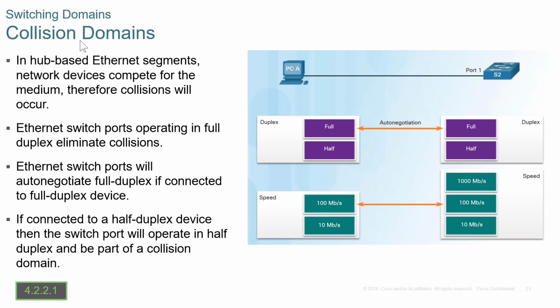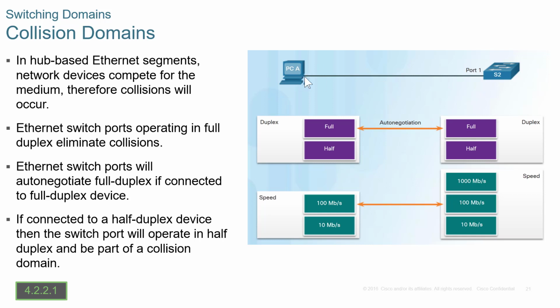Now you don't see that anymore because switches run in full duplex. But 10 megabit Ethernet, 100 megabit Ethernet, and I'd have to double check to see if gigabit Ethernet still supports hubs. I don't think it does. I know 10 megabit and 100 megabit switches could support half duplex hubs. We don't support hubs anymore. So full duplex is auto negotiated when the network card hooks up to the switch.